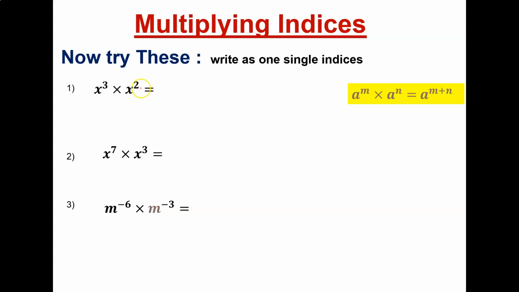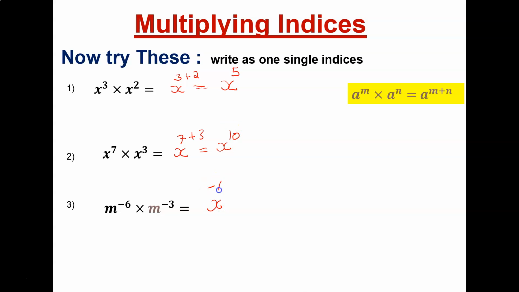Now x power of 3 times x power of 2, I can take one of the two bases and I can add the two powers, and that gives you x power of 5. Here, add 3 and 7, so 7 plus 3 gives you x power of 10. X minus, the same.